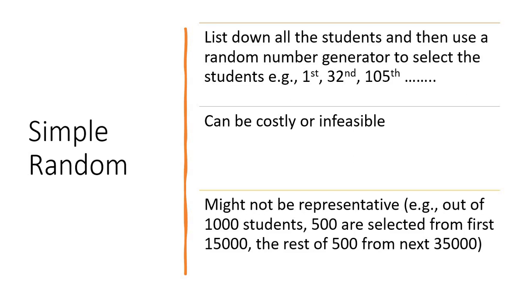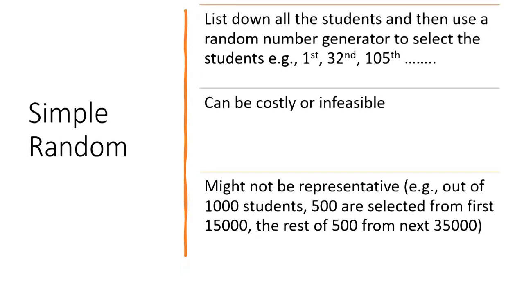For example, out of 1000 students, 500 might be selected from first 15,000 students and only 500 from next 35,000 students. So, simple random sampling, although a lot better than convenience or quota sampling, is still not the answer to all of our problems.